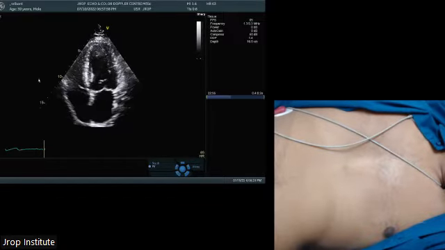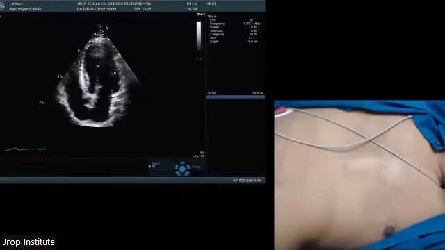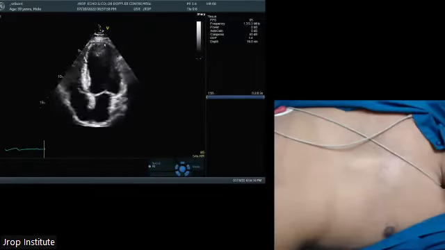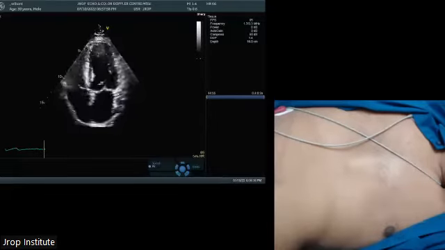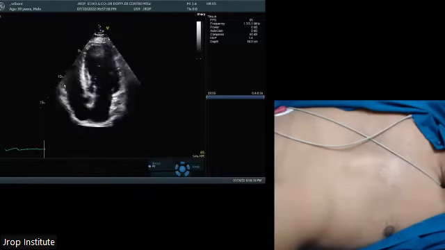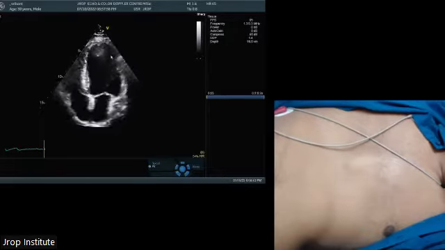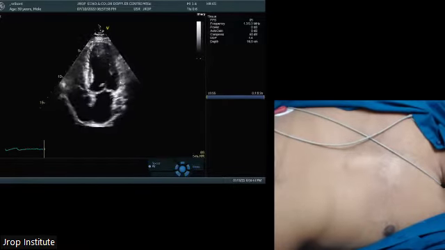In this 4-chamber view, we have lateral papillary muscle over here. Then we have septum. This is known as septum. This is known as lateral wall. This is known as RV free wall. We are not focusing on RV free wall. We are focusing on septum as well as lateral wall.